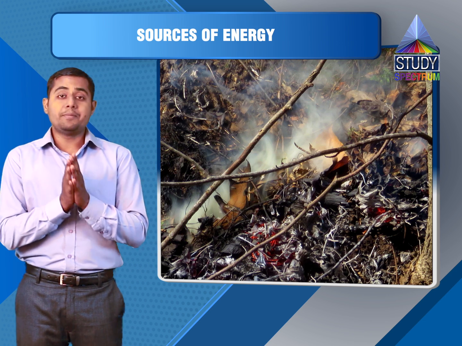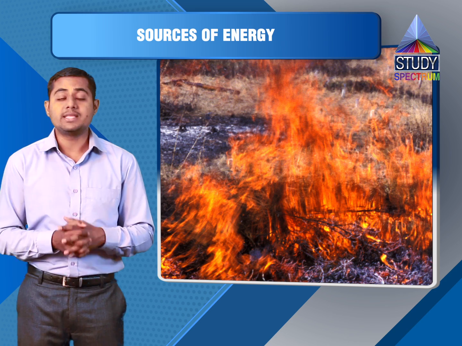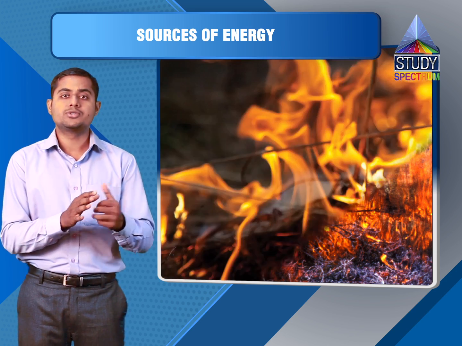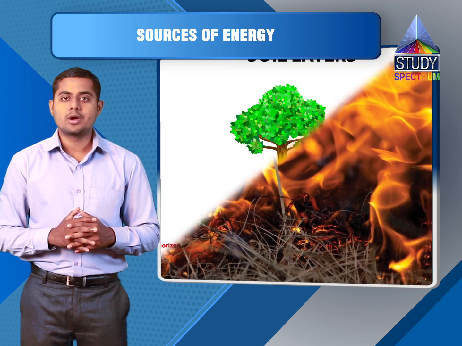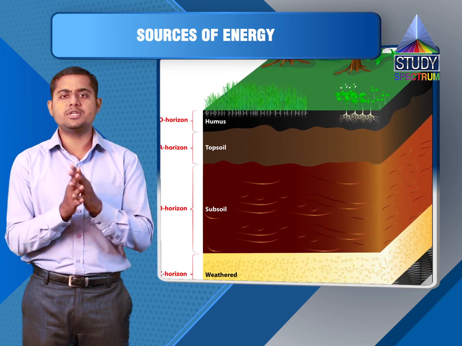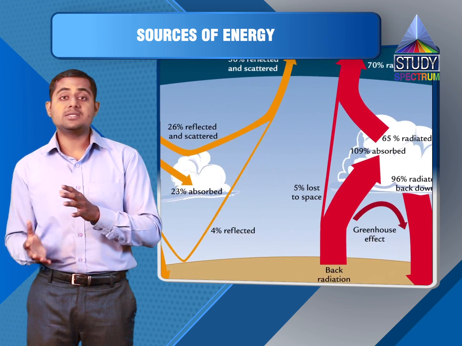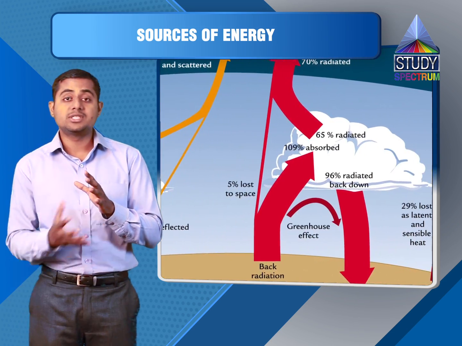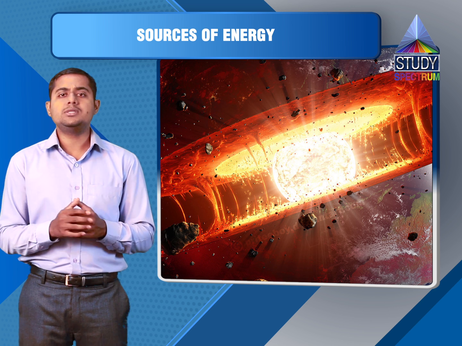Now, just imagine, once the plants or animals were dead and buried deep down into the soil, there was tremendous pressure of the layers of soil from above. At the same time there was tremendous heat from beneath the ground. At the core of the earth there is tremendous heat.